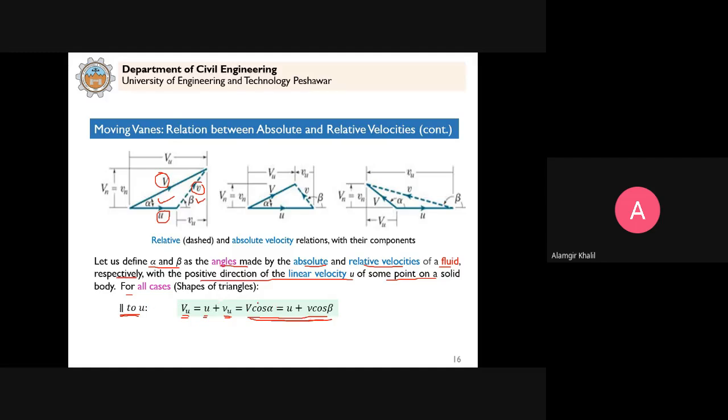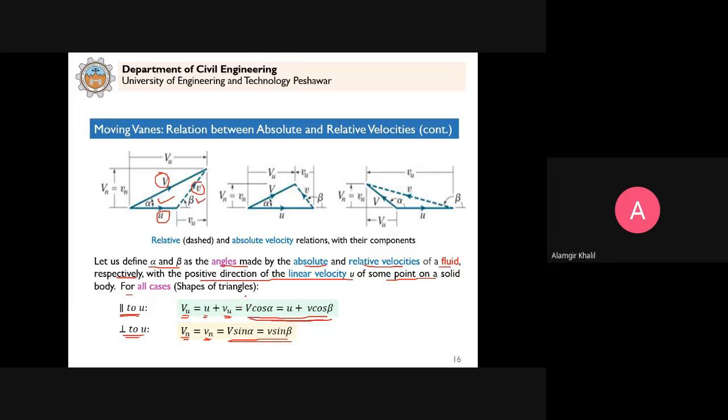Parallel to u, this will be the relationship. And perpendicular to u, Vn is equal to the small vn, the relative velocity. This will be the same. So it means that V sine alpha will be equal to small v sine beta.